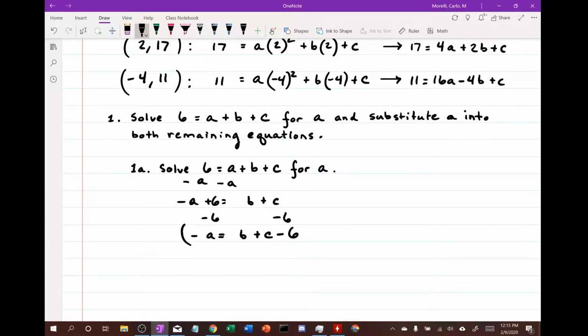And then I will multiply the entire equation by negative 1, so I get A equals negative B minus C plus 6.